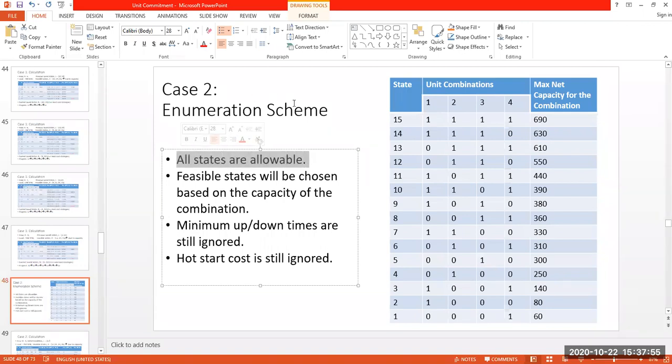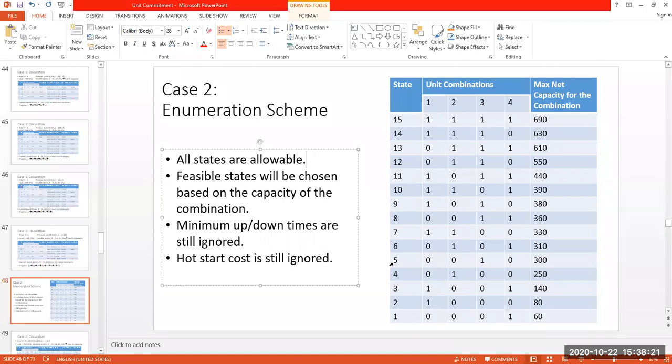This is the enumeration scheme, where we do not look for any specific priority scheme. Rather, we can choose from any of the states. So there is no priority ordering. We can choose from any of the states based on the fact that that state is able to satisfy the demand.